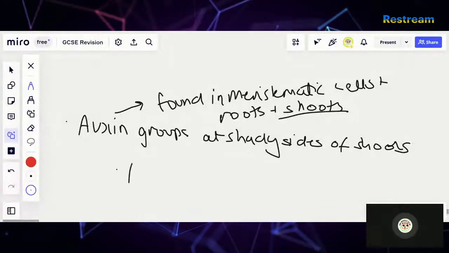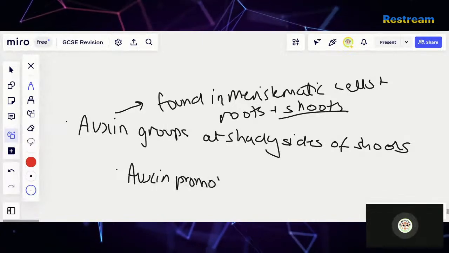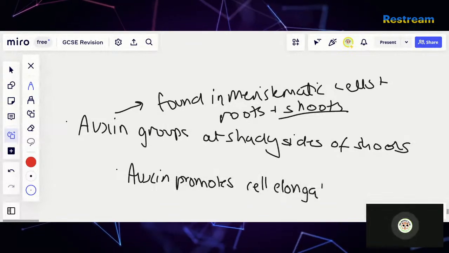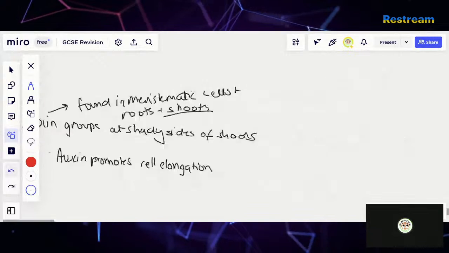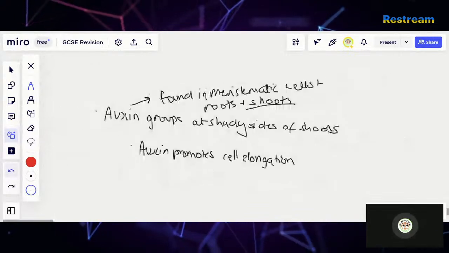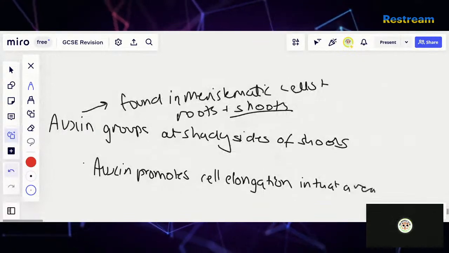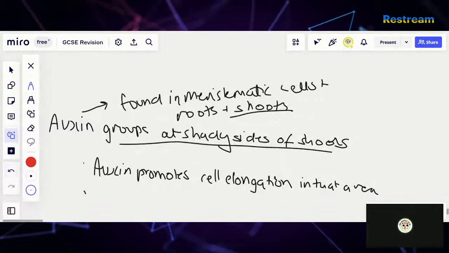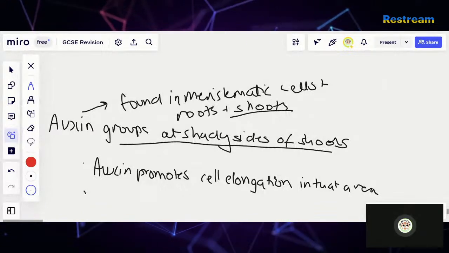Then what happens is auxin promotes cell elongation in that area. So wherever it is, auxin promotes cell elongation. So by grouping at the shady sides of the roots of the shoots, they're then promoting cell elongation in those areas.